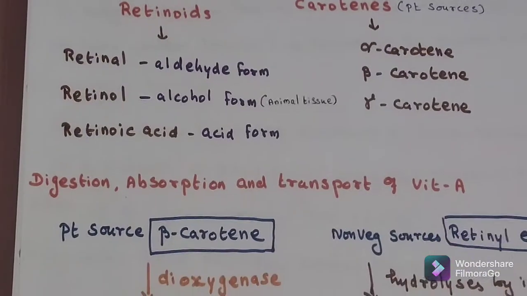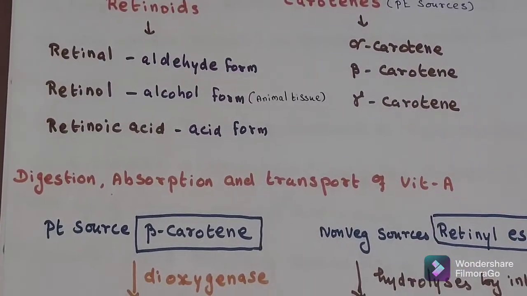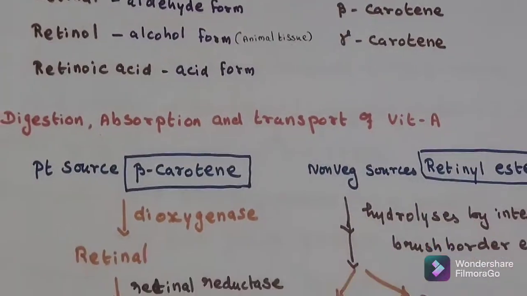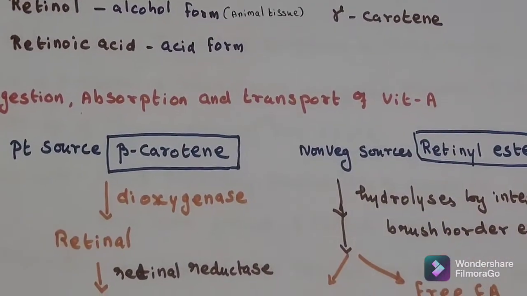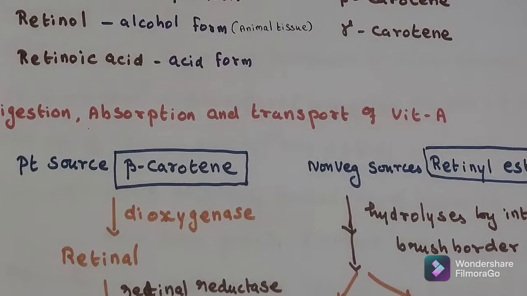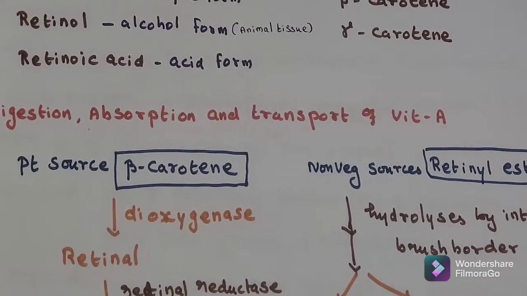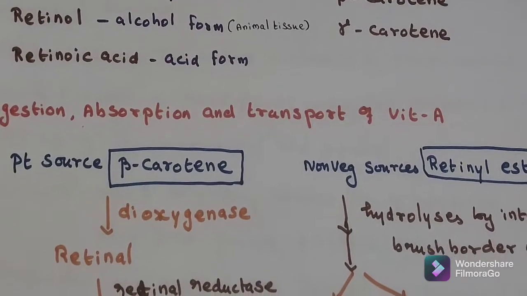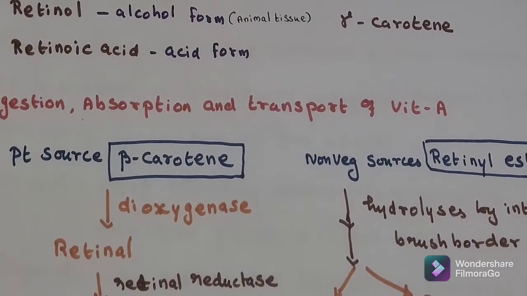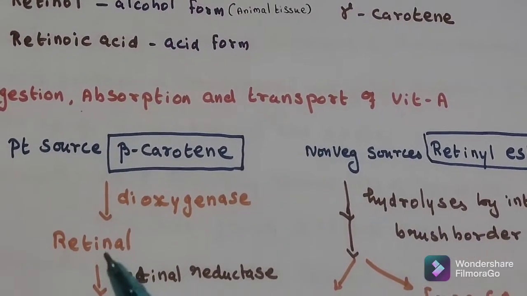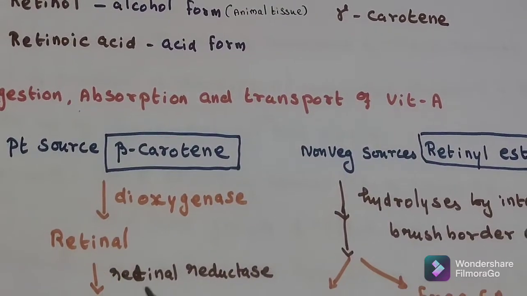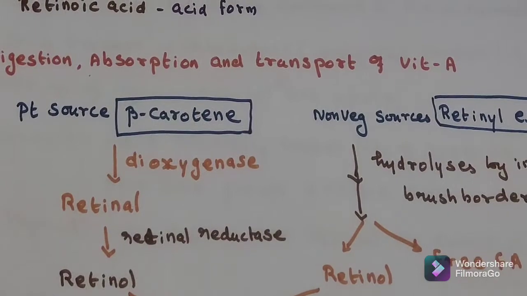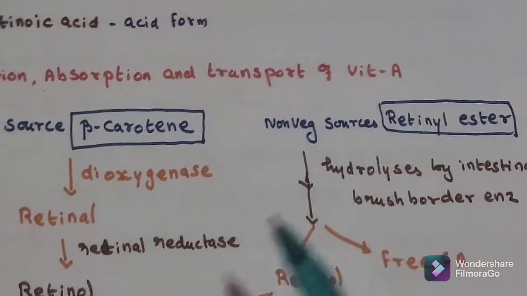Now moving to how vitamin A is digested, absorbed and transported. From plant source, we get beta carotene, which by the action of dioxygenase is converted into retinal. Again, retinal reductase enzyme converts it into retinol.